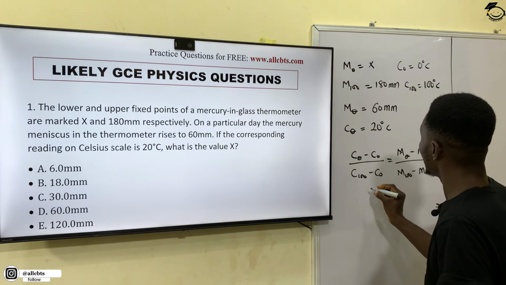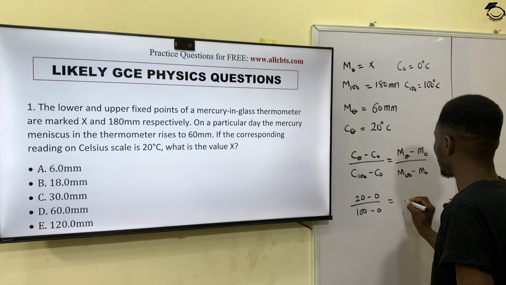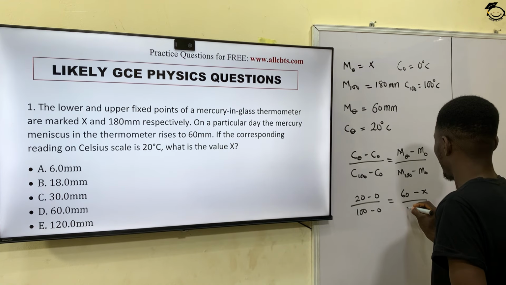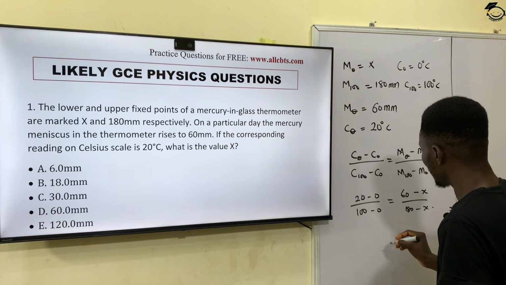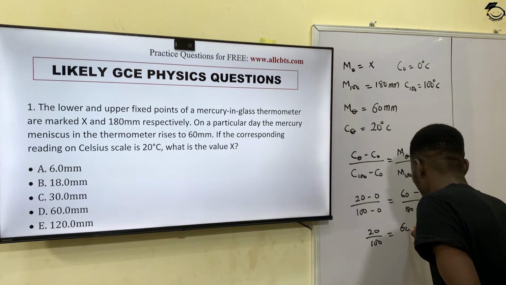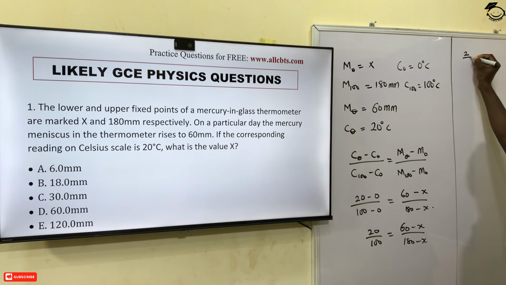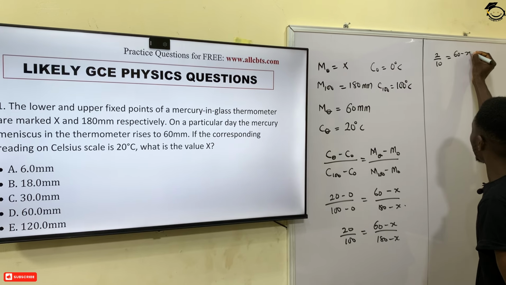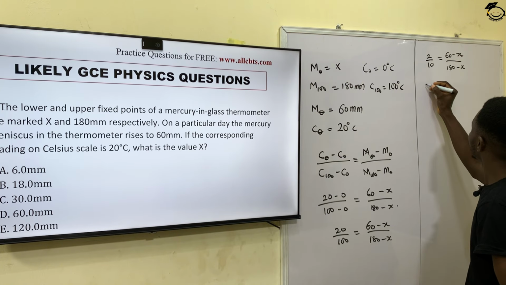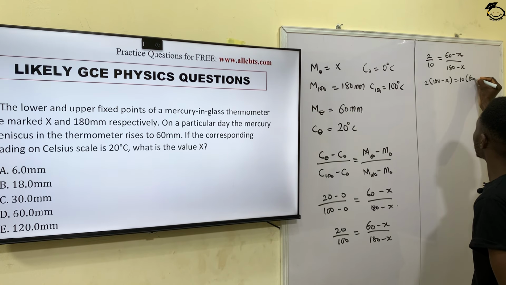So this means that I'll be having 20 minus 0 over 100 minus 0 equals 60 minus X over 180 minus X. So this will give me 20 over 100 equal to 60 minus X over 180 minus X. This is the same thing as saying 2 over 10 equals 60 minus X over 180 minus X. If I cross multiply here, I'll be having 2 open bracket 180 minus X equals 10 open bracket 60 minus X.